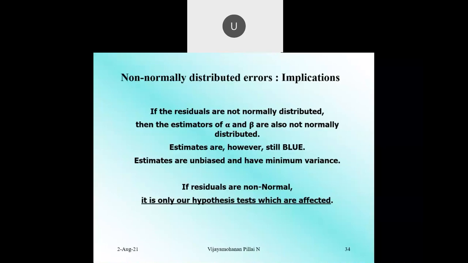Now, what are the implications of non-normally distributed errors? If the residuals do not follow the normality assumption, then the estimates of alpha and beta are also not normally distributed. But remember, the estimates that we get from OLS are still BLUE, because this particular assumption is not essential for estimation.